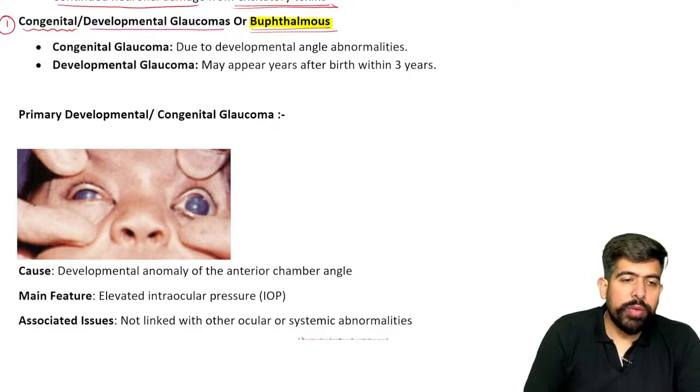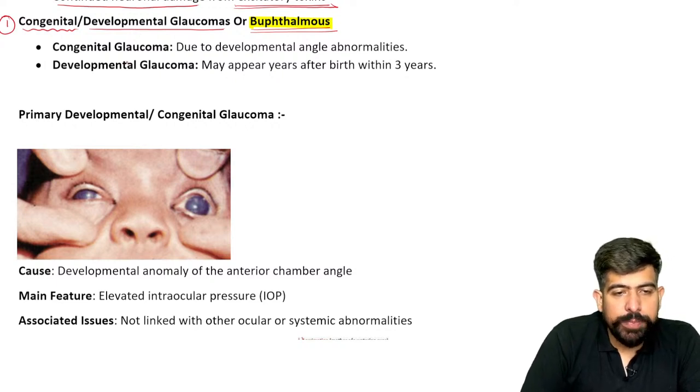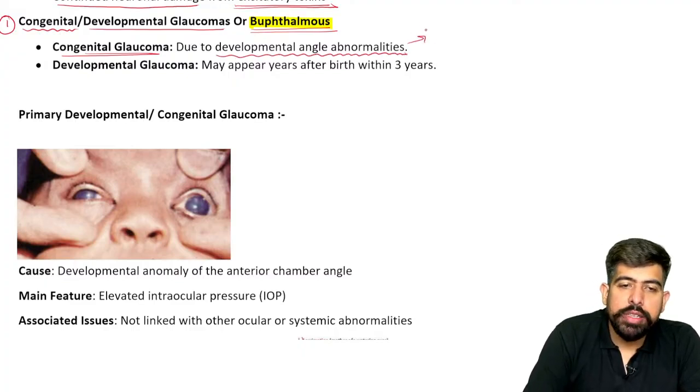Now, moving forward, congenital glaucoma is due to a developmental angle abnormality. Which angle? We are talking about the angle of the anterior chamber.